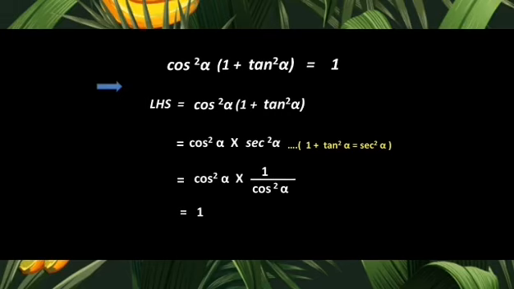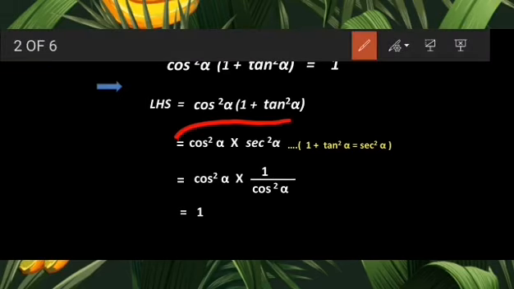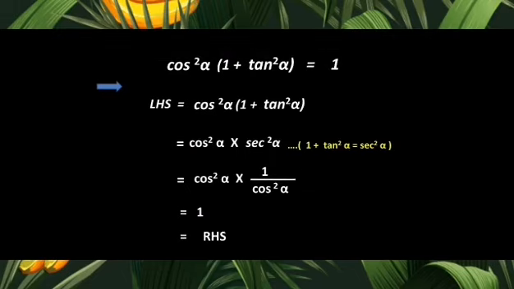So at the second stage only, we should have come to the answer, but to explain in detail, I moved ahead with one more step. Always keep in mind, the product of two reciprocal terms is always 1. So we got the RHS by getting 1, and in this way the second sum is also done.